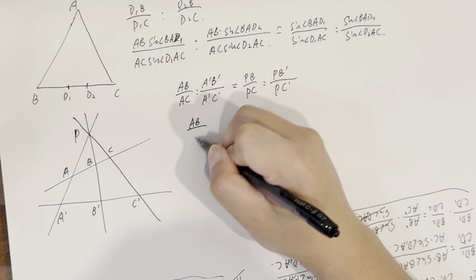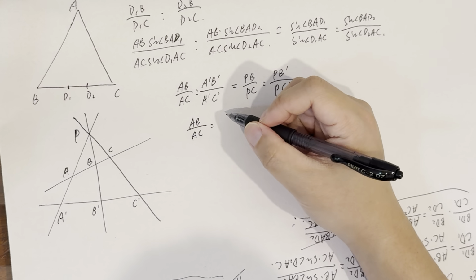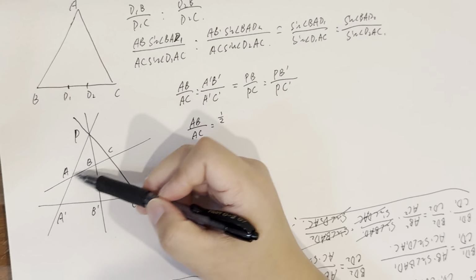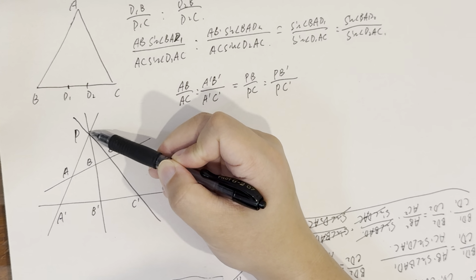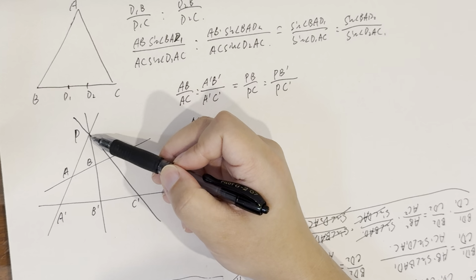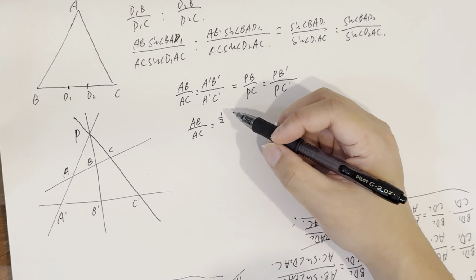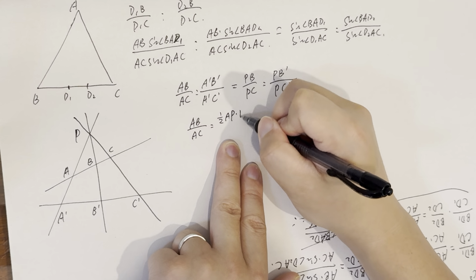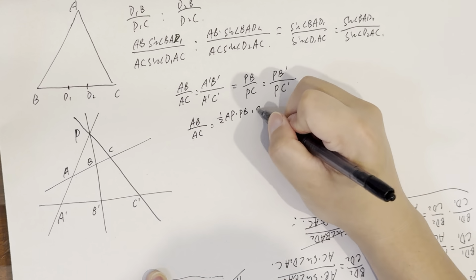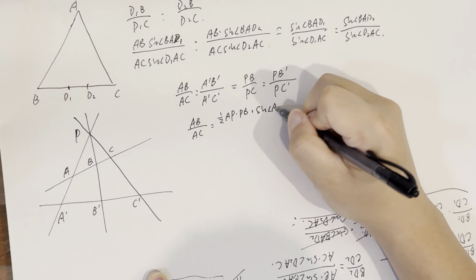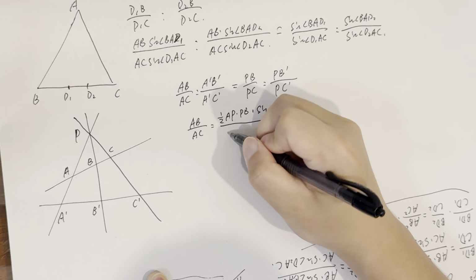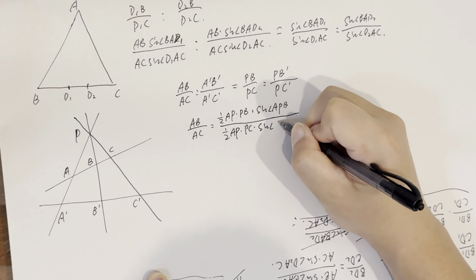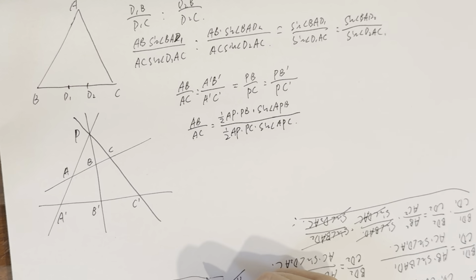AB to AC equals half of AB to AC, that's the area of triangle APB to the area of triangle APC, which is half of AP times PB times sine angle APB to half of AP times PC times sine angle APC, right?